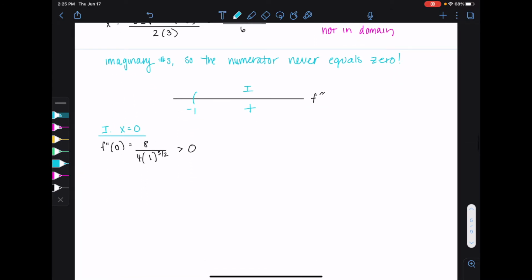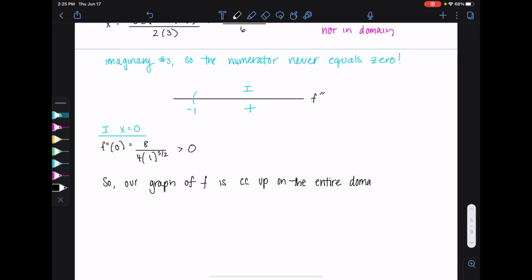And so our graph of f is concave up on the entire domain, from -1 to positive infinity. And so immediately you have no inflection points because your graph does not change concavity. Okay.